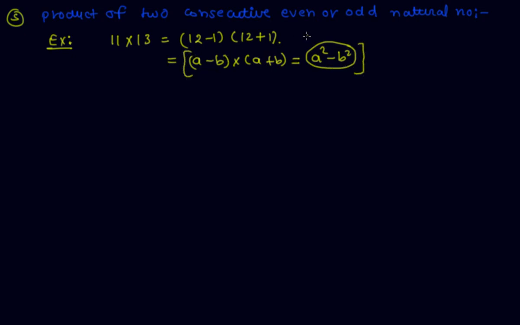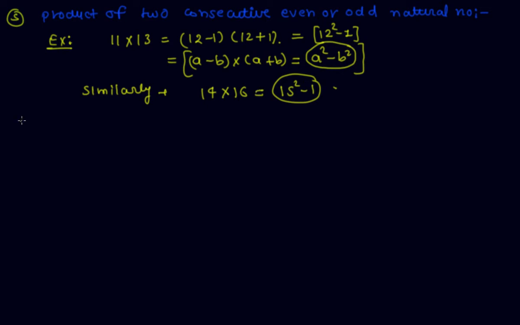So if I apply this formula, it is equal to 12 square minus 1. Similarly, I take one more example: 14 into 16 is equal to 15 square minus 1. So this is the fifth property.